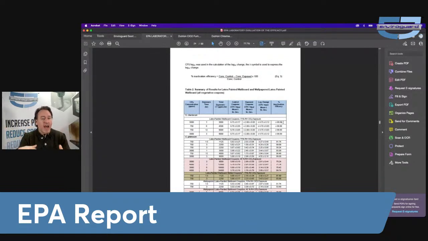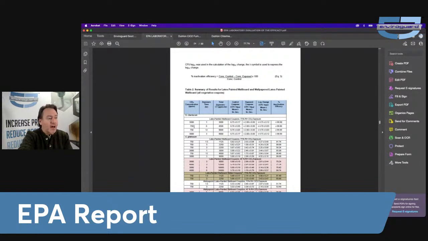Okay, so we've got that information, and immediately we see that in all 4 of these situations here where there was an exposure for 1 hour at 3,000 parts per million in 11 cubic feet, that we reached that rate of equal to or greater than a log of 4.